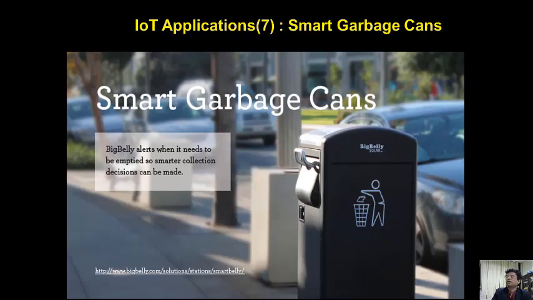Or it could be a smart garbage can that alerts the authorities when it is full. So these are the companies that are already giving these IoT applications currently in the market.